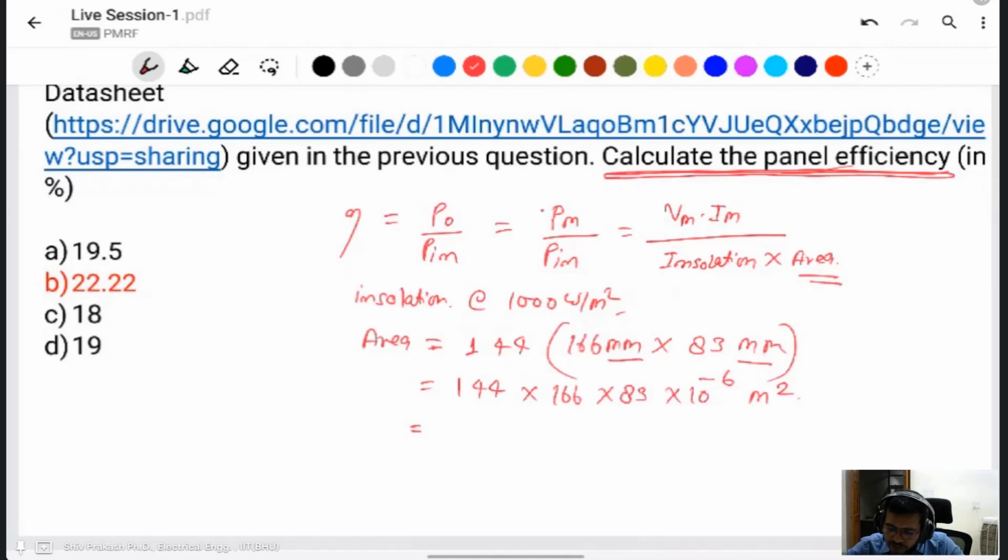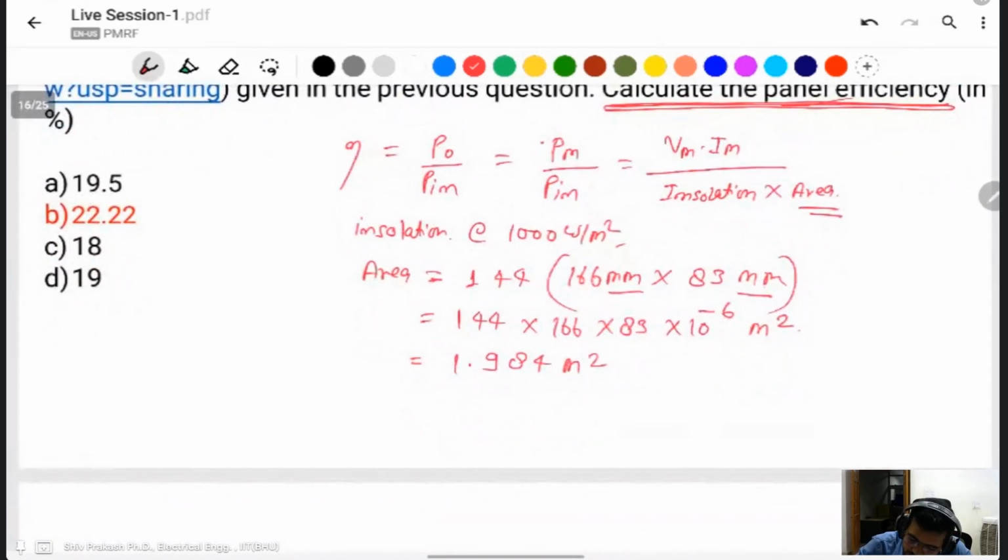Then calculate this one, 144 into 166 into 83, divided by 10 to the power 6, is 1.984 meter square. Then what will be the input power?